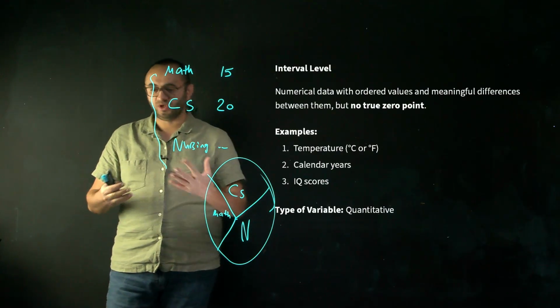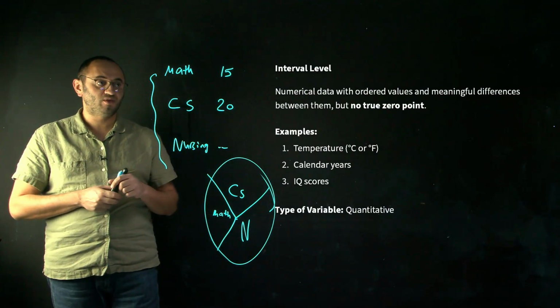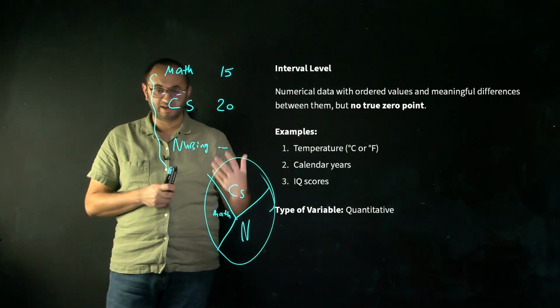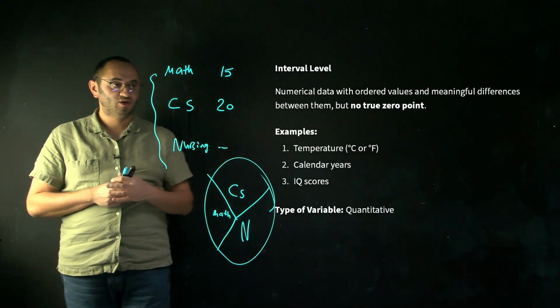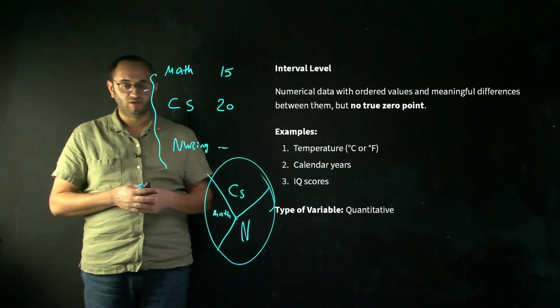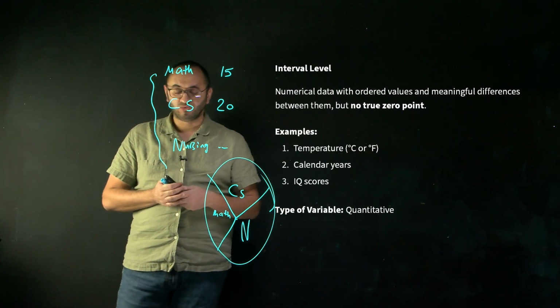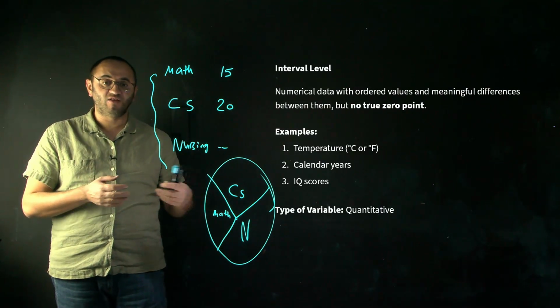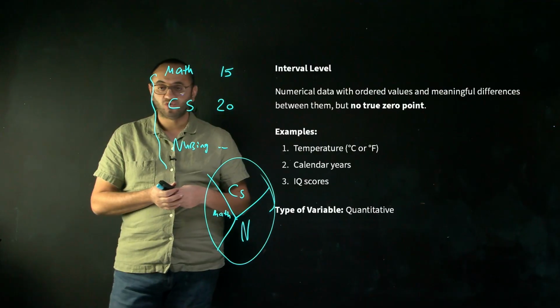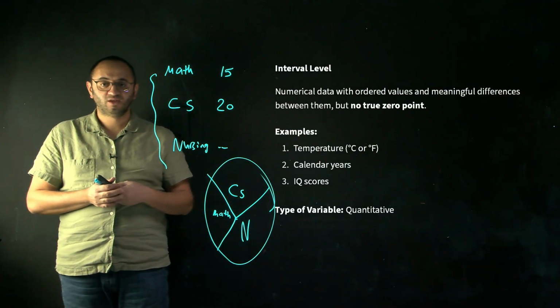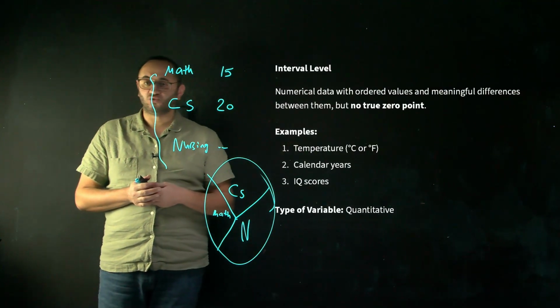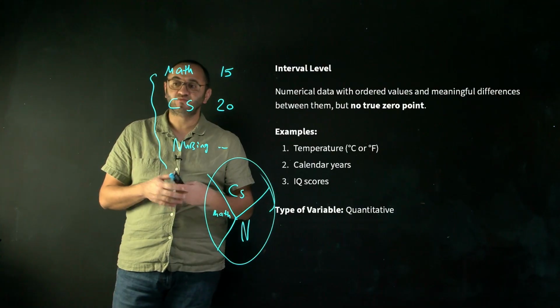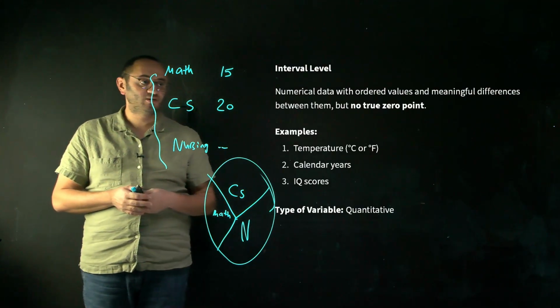We can calculate the difference between them, but there is no real or true 0. For example, the temperature in Fahrenheit is an interval level of measurement. Why? Because there is no 0, right? If the temperature is 0 today, this doesn't mean the absence of heat, right?